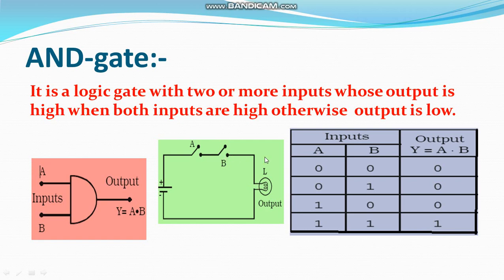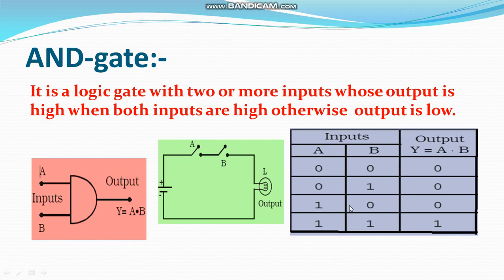Keep this in mind. See here in the truth table, both are 0, that means both switches are open, then the bulb is not glowing, so you will get output 0. A is open and B is closed, then also the bulb is not glowing, so again output 0.